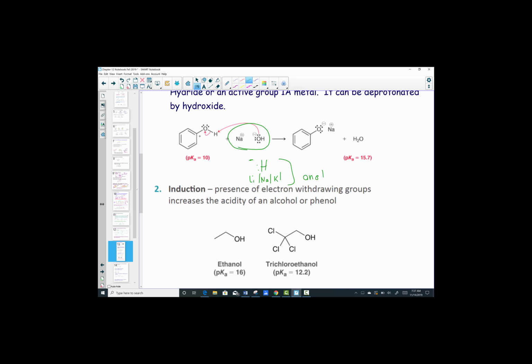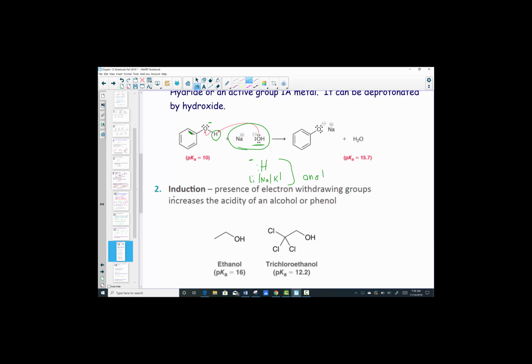But if I see that it is stabilized by resonance, which means that this alkoxide negative ion is next to a pi bond, we've created a stronger acid because of the stability of its conjugate base being stabilized by resonance. So we don't need as strong of a base. An OH negative is enough of a base to go ahead and deprotonate phenol. Okay, so resonance increases the acidity.